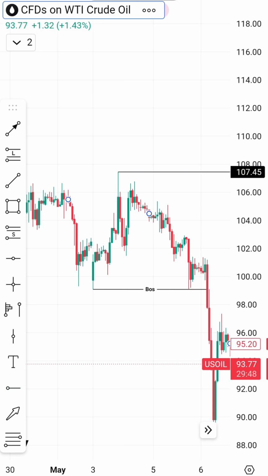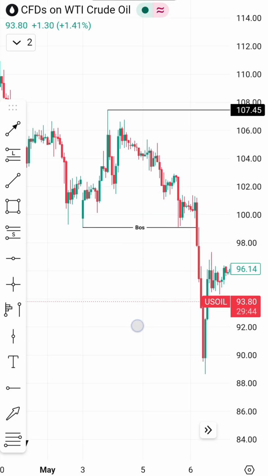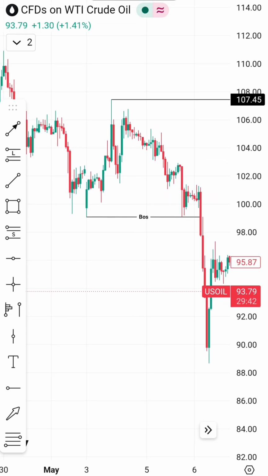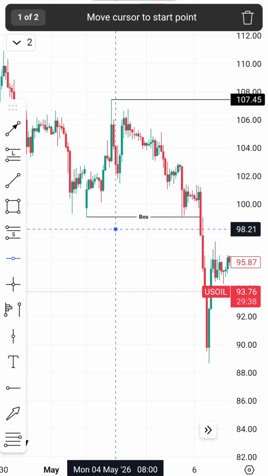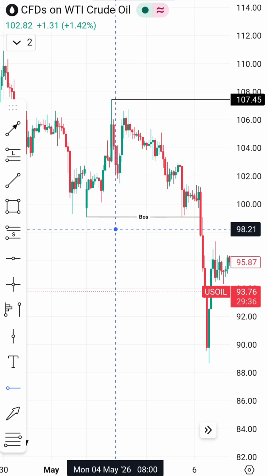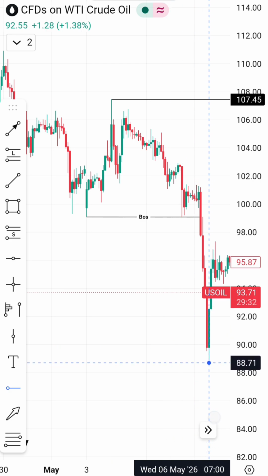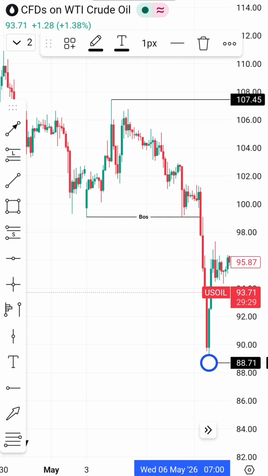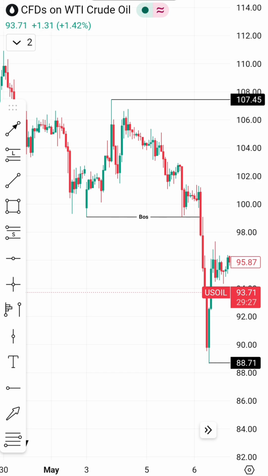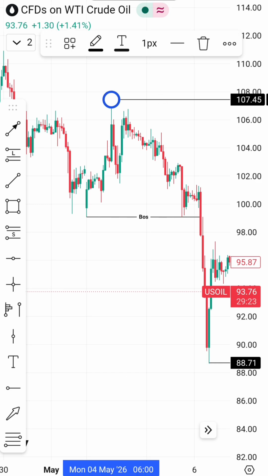And then we wait as the market continues to move down. We wait for a pullback. And once the market starts pulling back, that zone becomes our new lower low. In Forex, I'll teach you the higher side.